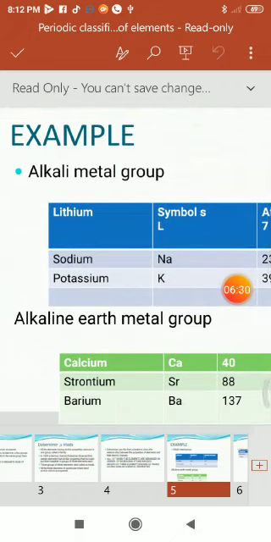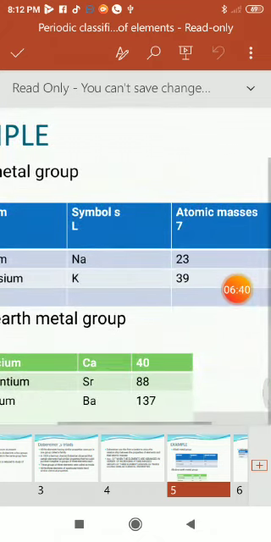They form a Dobereiner triad. If we calculate the arithmetic mean of the atomic masses of the first and third elements, 40 and 137, we add them and divide by 2, we get 88.5, which is approximately equal to the atomic mass of the middle element, strontium.